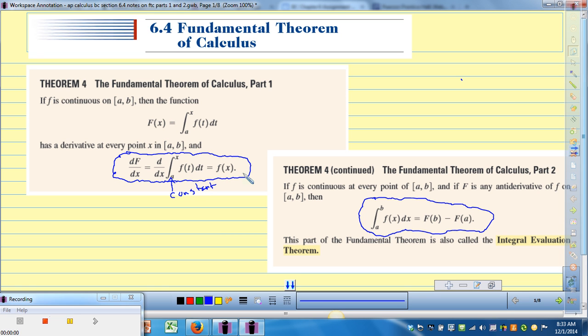Okay? All right, so an example of that would be the derivative with respect to x of the definite integral from 2 to x of the cube root of sine t plus cosine t.